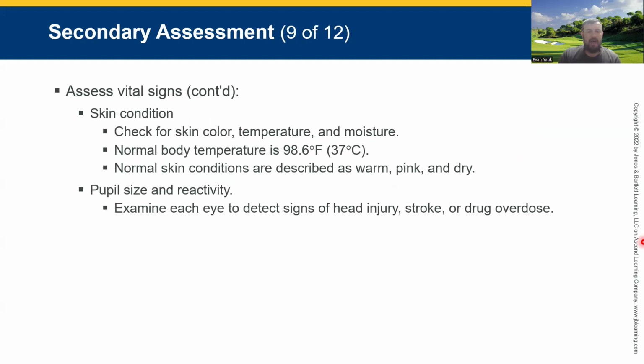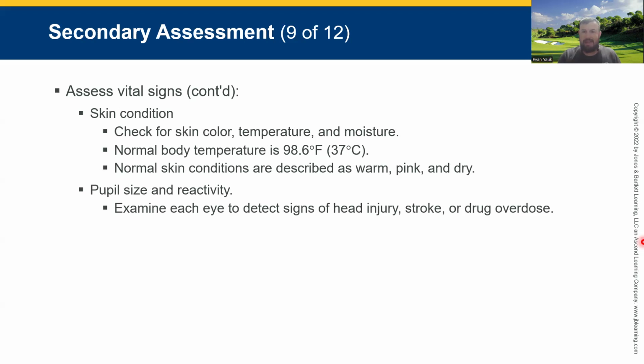Pupil sizes and reactivity. Anybody right out of school is going to have a light pen that has the different sizes of pupils and the little numbers beside them. Examine each eye to detect signs of head injury, stroke, or drug overdoses. We prop that eye open and we shine the light in and out, in and out. We make sure that pupil reacts.